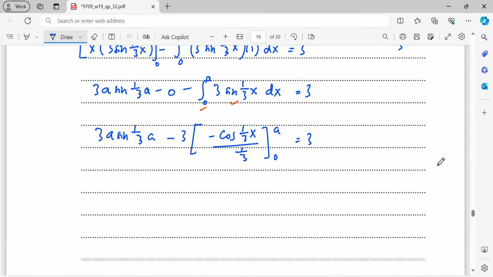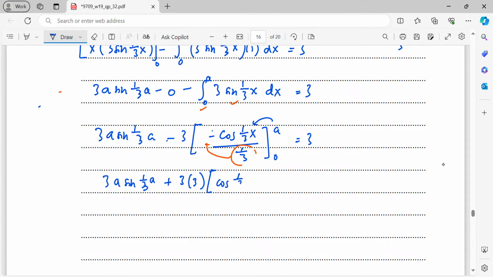Then from here again, replace the x by a. And at the same time, okay, this 1 over 3, I move up. That means you are getting 3a sine 1 over 3a minus minus is a plus. So 3 times 3, then cos replace, right? So it will be cos 1 over 3a minus cos 0.